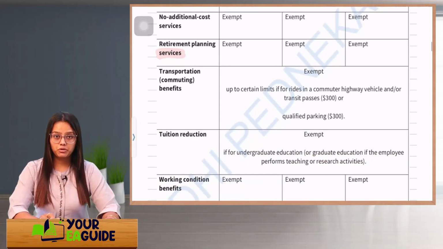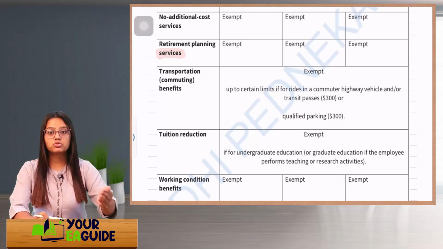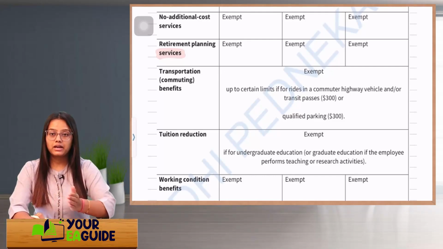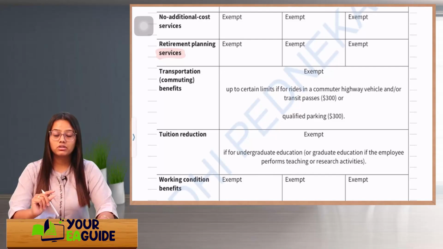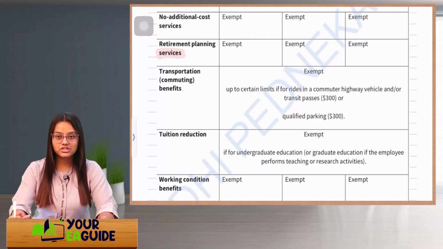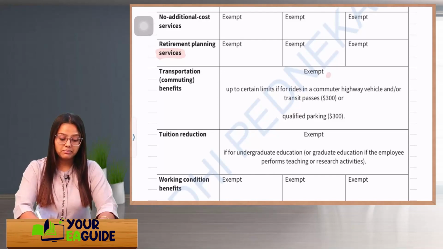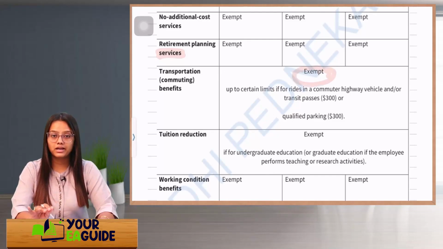Okay, transportation, that is commuting, so it will be exempt. Commuting means, let's say from home to office, if you're traveling, and if the employer is going to provide you the transit pass or some parking or toll charges which the employer is going to bear for you so that you can come and work at the office place, so that will be exempt from any taxes.